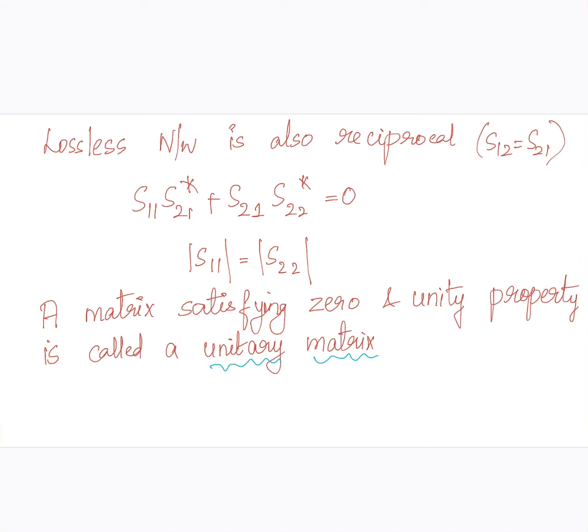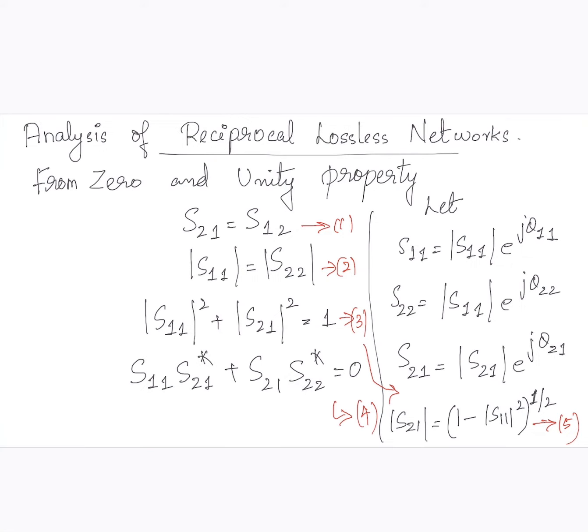So if any of these matrix satisfies both zero property and unity property, such a matrix is known as unitary matrix. Also, from this we can analyze a reciprocal lossless network, that is from zero property and unitary property we can write S21 is equal to S12.